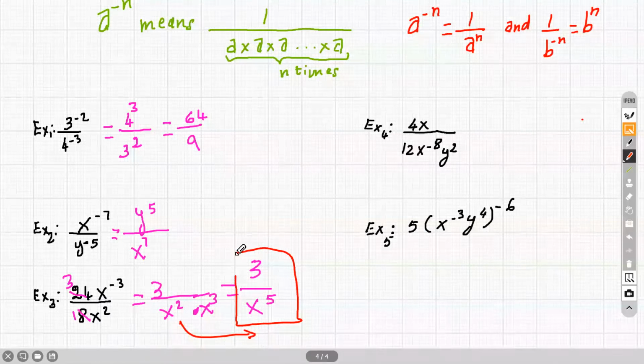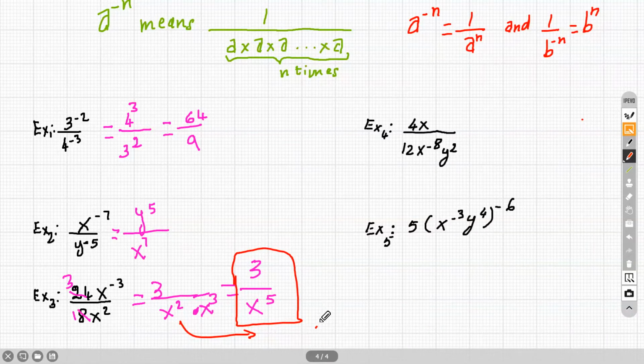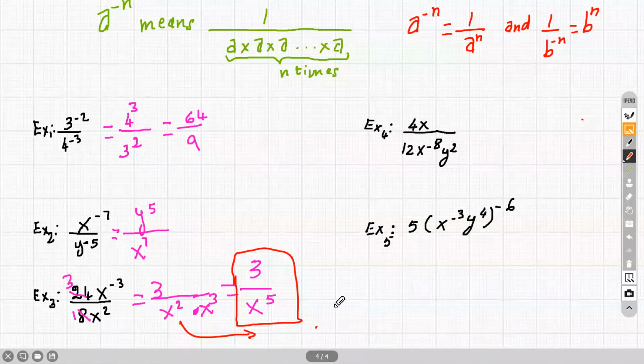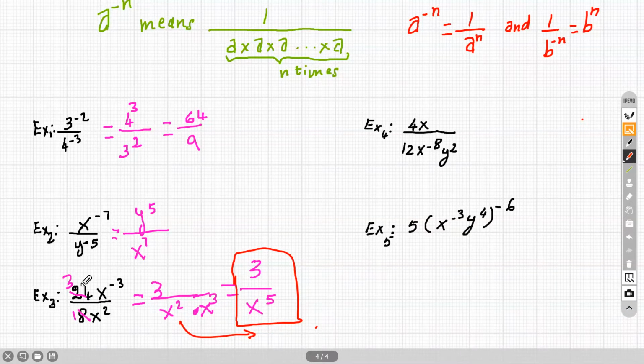This is the answer. But an alternative way of doing it is that when we simplify the number, we can just decide to move this exponent right here in the denominator just by adding it.